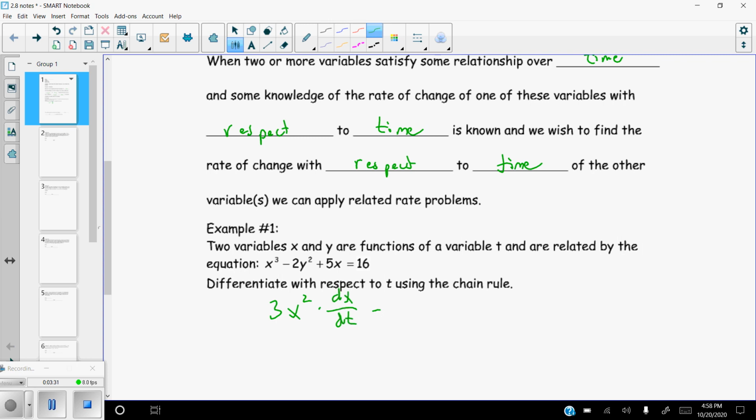Minus the derivative of 2y squared is 4y, but y is also changing with respect to time because the problem tells us that, so it's dy over dt. That's the chain rule. Plus 5 times dx over dt, because that's the derivative of 5x. And on the right side, the derivative of 16, because it's constant, is 0. And that's it. That's how you end up taking the derivative of something with respect to time.